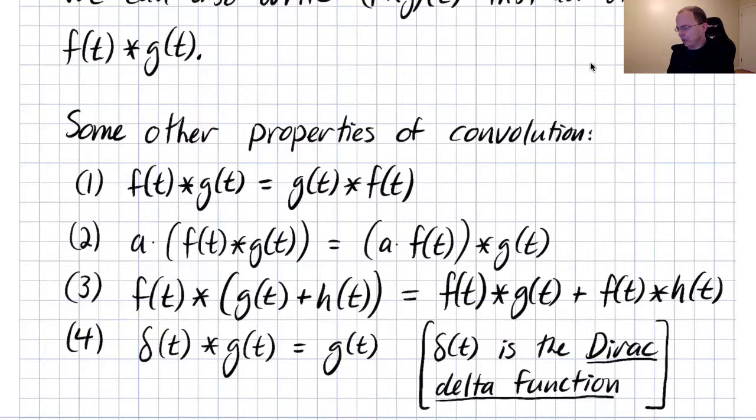It's 0 everywhere: when t is not equal to 0, this thing is 0. And when you integrate it over all t, you get 1. So it's basically 0 everywhere, but when you integrate it, it equals 1. That is what the Dirac delta function is.